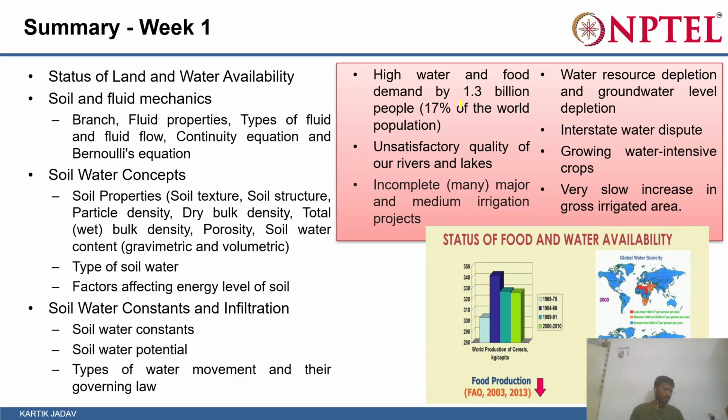In the first 6 weeks we focused on the irrigation part, and then we moved towards the drainage part, right? Irrigation I already said. Drainage is basically removing excess water from the crop root zone. Either you are removing excess water from the surface or subsurface, or you are also reducing salinity, right?